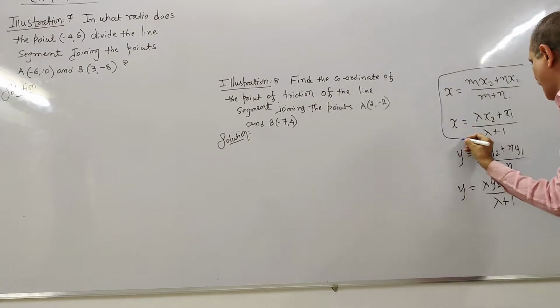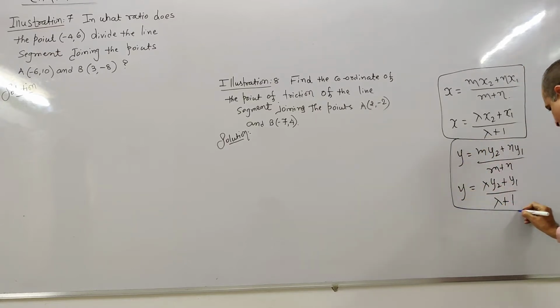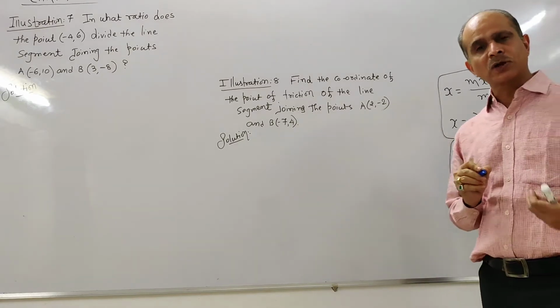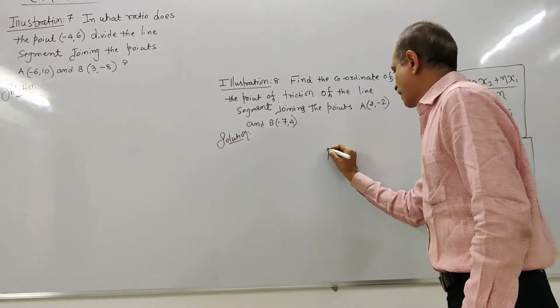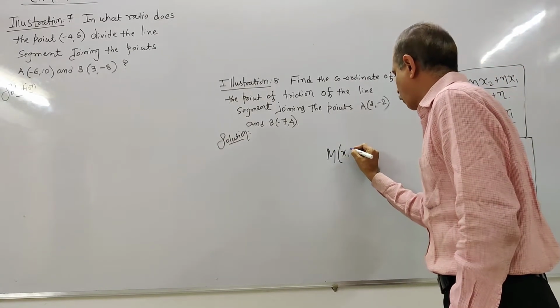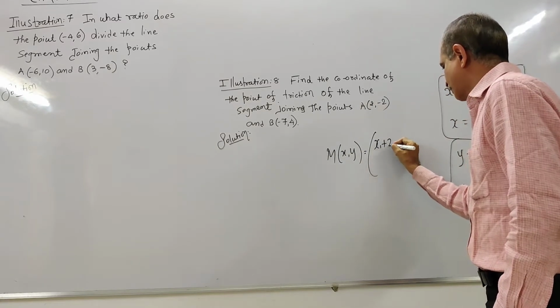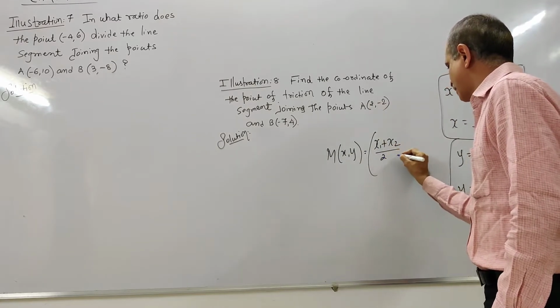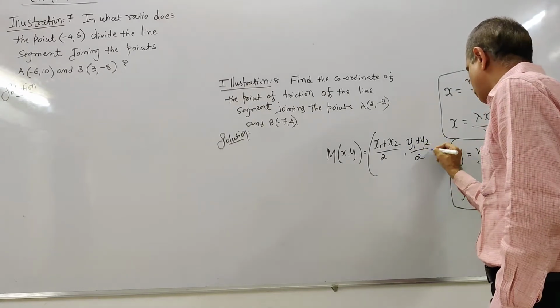So this is the x coordinate by the section formula, and similarly, this is the y coordinate according to the section formula. You also know how to find the midpoint of a line segment. For the midpoint, the coordinates (x, y) are ((x1 + x2) by 2, (y1 + y2) by 2).